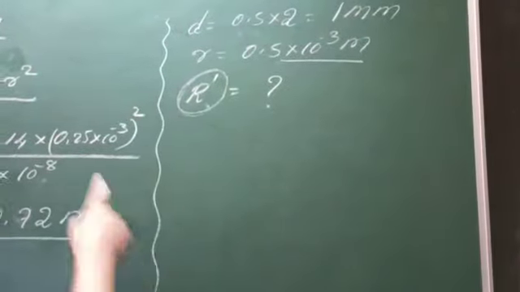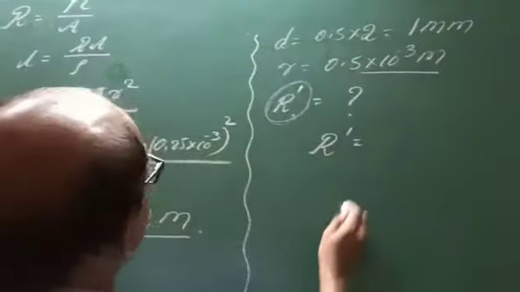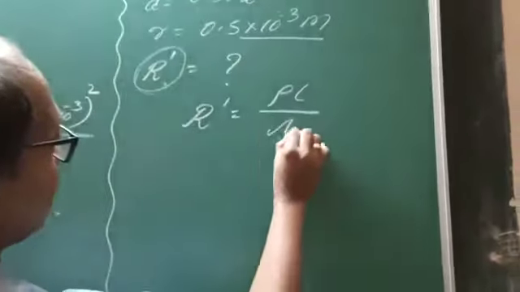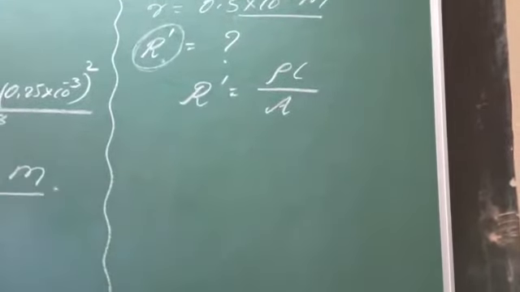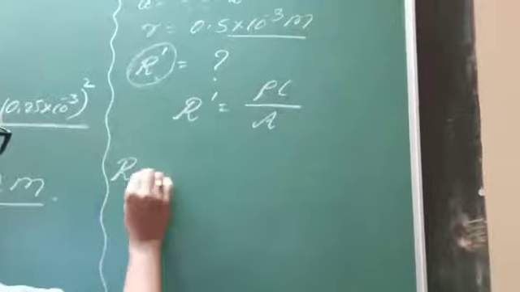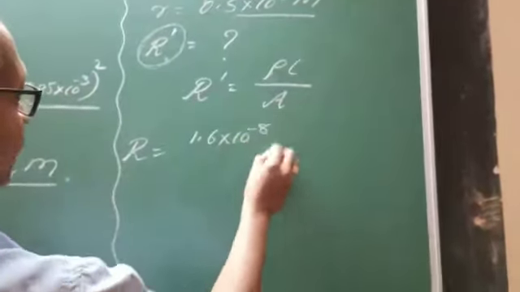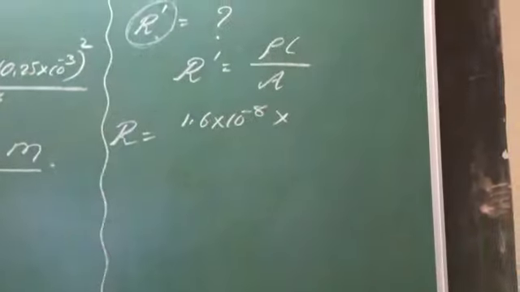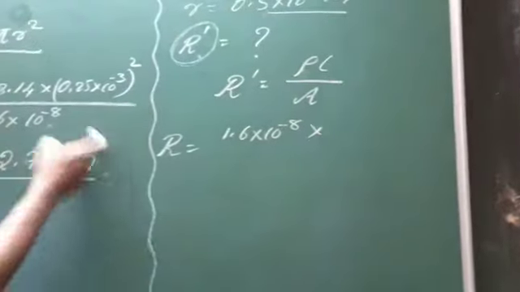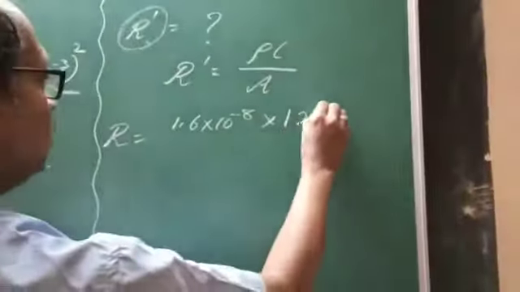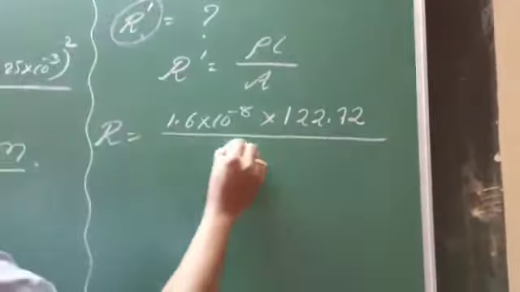So let us consider this here. R dash, the new resistance, is equal to rho into L divided by A. So substitute all the values here. So R dash is equal to rho, which is 1.6 into 10 to the power of minus 8, into the length, which we have already identified, 122.72, divided by the area of cross section, pi r square.